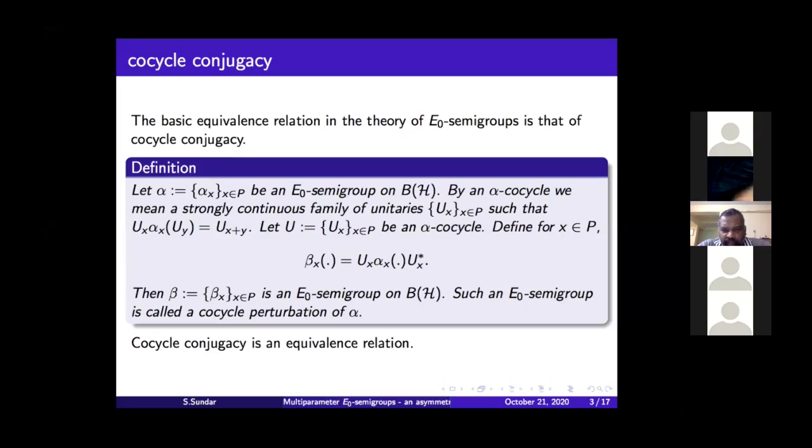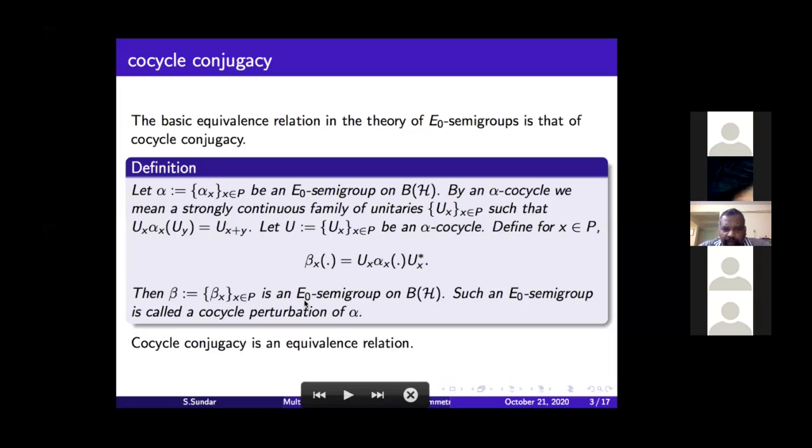What condition is required to make beta_x a semigroup of endomorphisms? That is precisely this cocycle condition, which is u_x alpha_x(u_y) is u_{x+y}. Such a thing is called an alpha cocycle. So you take an alpha cocycle and then perturb alpha to get beta.